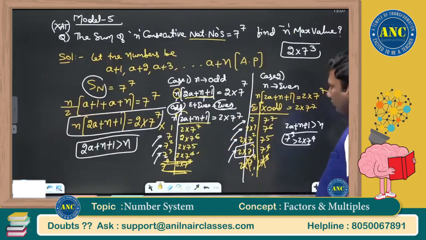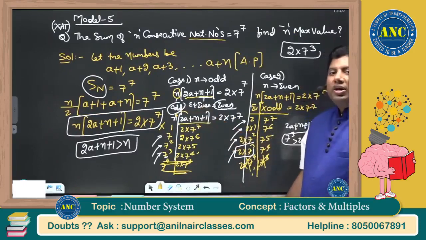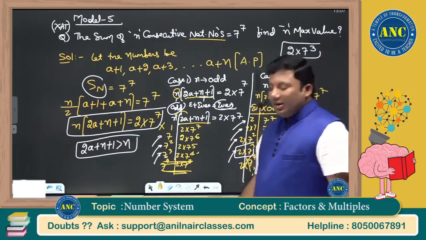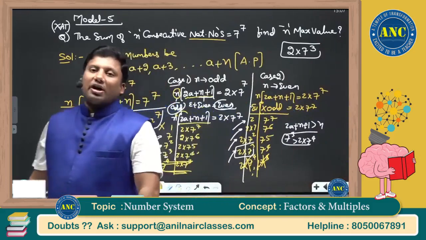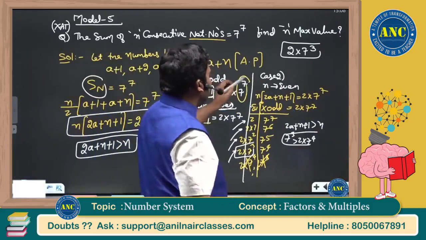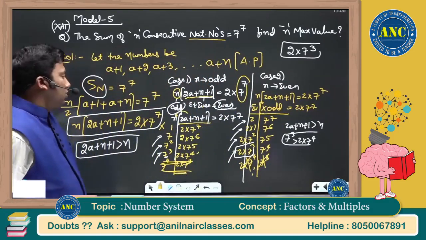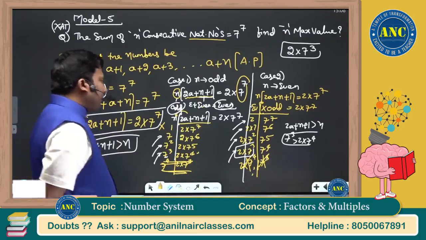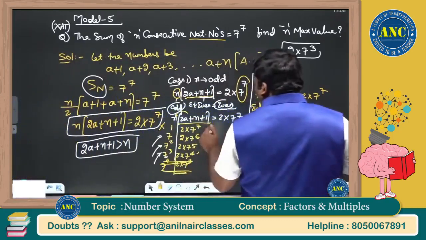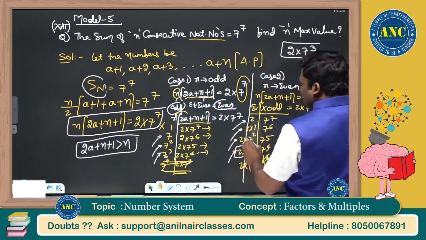Go back to the question. What is it? Odd into even. In how many ways can you write a number as a product of odd into even? Total number of odd factors. How many odd factors are there for this number? 7 power 7, 0 to 7. Totally 8 cases I will get. 1, 2, 3, 4, 5, 6, 7, 8.